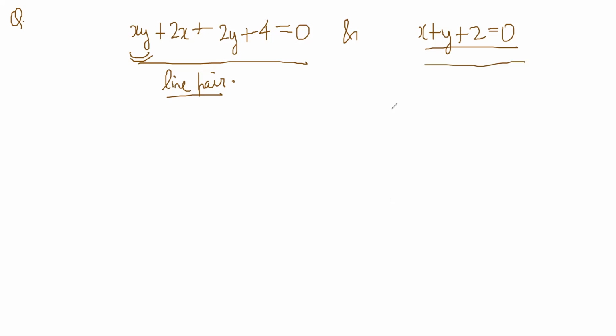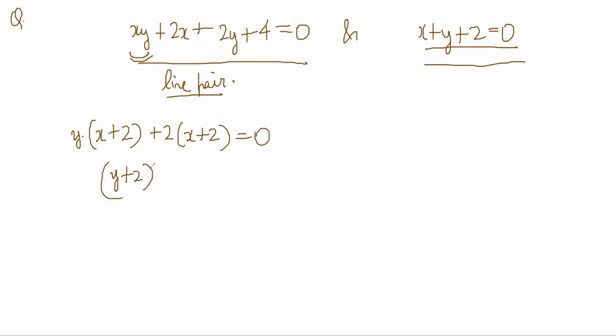So to figure out what line pair it is, the normal way is quite easy because you can just factorize it very easily. Take y common: y(x plus 2) plus 2(x plus 2). So this is just (y plus 2)(x plus 2).